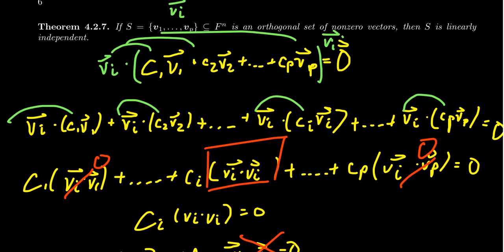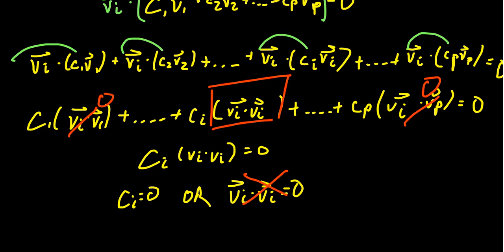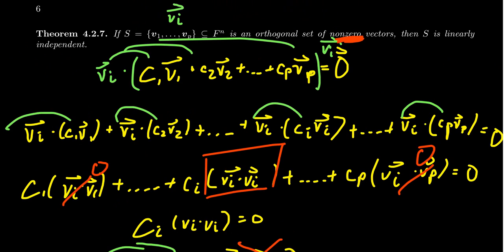Aha! This is why we actually care so much about the vectors being non-zero. We need it to prove that orthogonal sets are actually linearly independent. And so since the dot product is not 0, that means the scalar was 0. And so if we come back to our original equation right here, then it turns out that one by one, each of these scalars must have been 0.